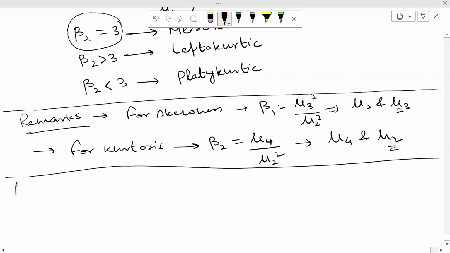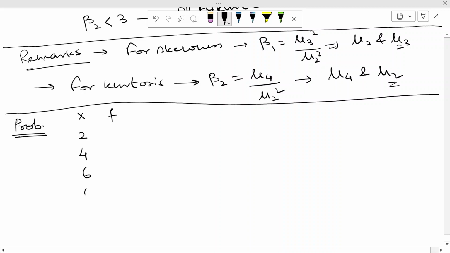So let us take our first problem here. In this problem we are provided with certain data, and we are taking this discrete data. We have the values of x, which are given as 2, 4, 6, 8, 10, and simultaneously we have the frequencies of these observations.